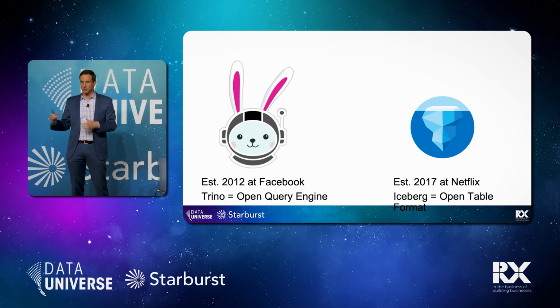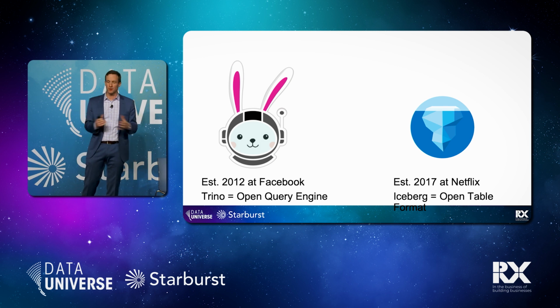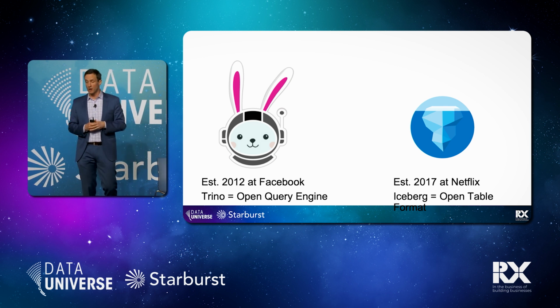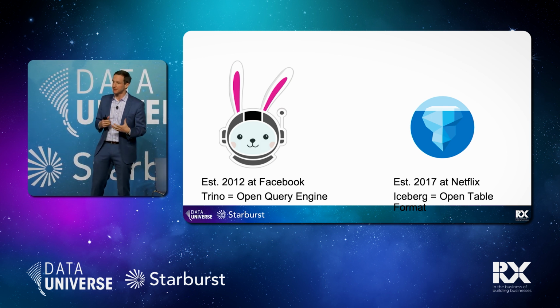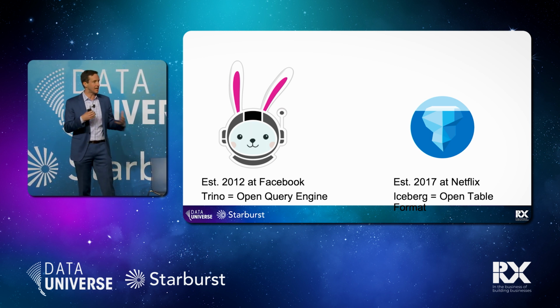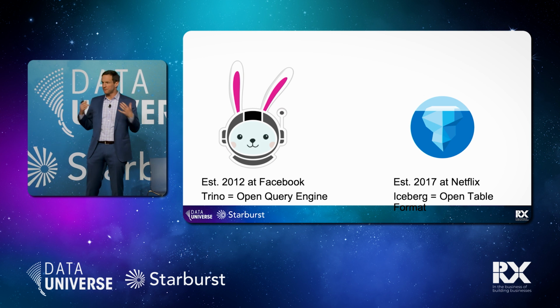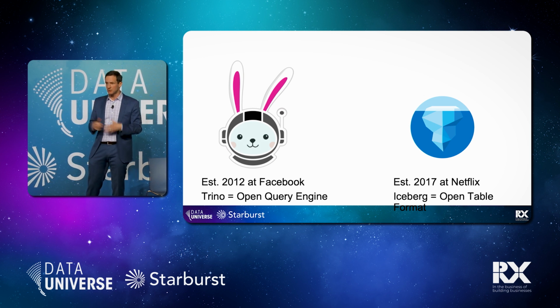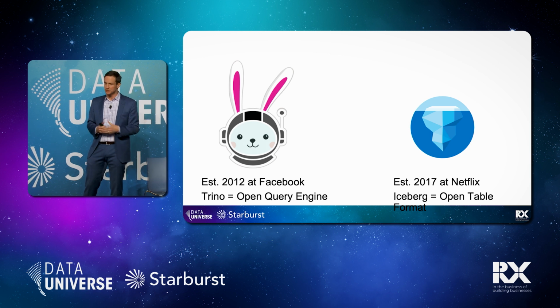Commensurate with that, you've got Iceberg, and you're going to hear a lot about Iceberg around this conference as well, because Iceberg is quickly becoming the dominant open table format. Now, why does that matter? We've had open formats for quite some time, going all the way back to the early days of Hadoop, 10, 15 years ago.